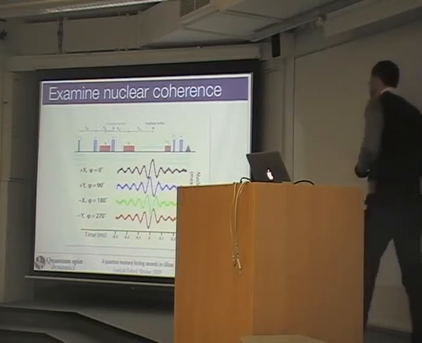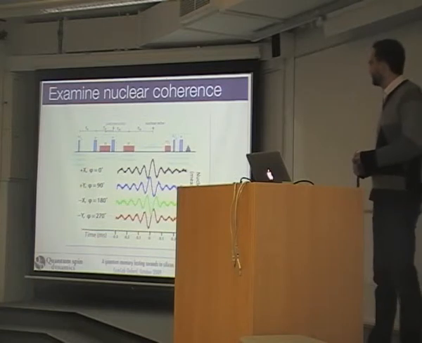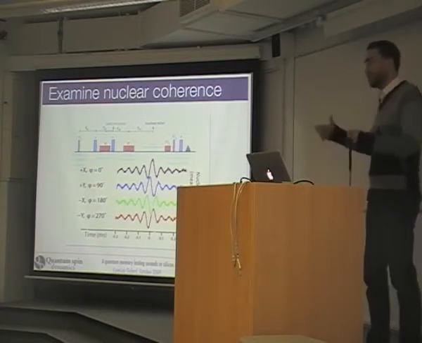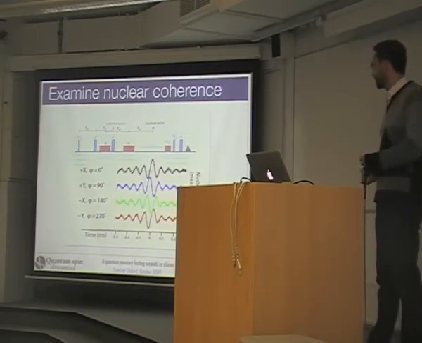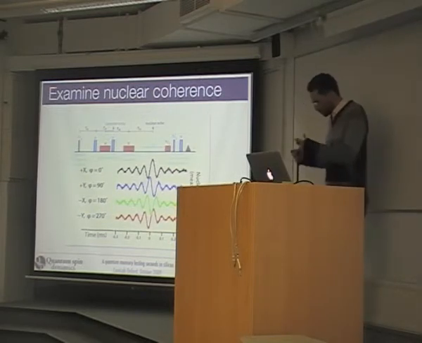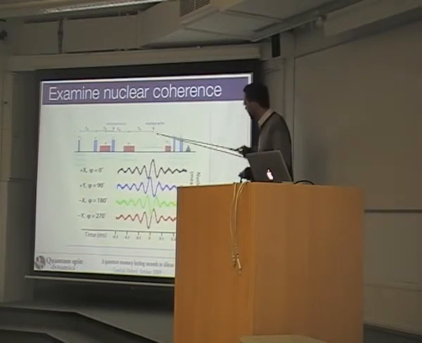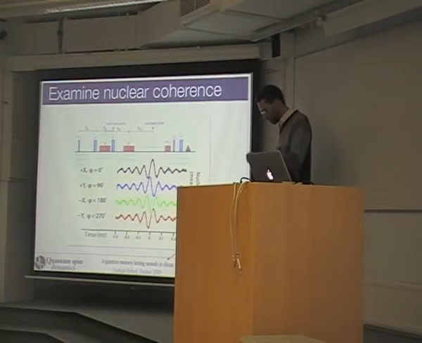So, so far what I've shown you is we created some electron spin state and just managed to recover it several tens of milliseconds later. To really show that we've done what we've said we've done and really store this in the nucleus, we need to take a look right in the middle of this process and measure the nuclear coherence directly.